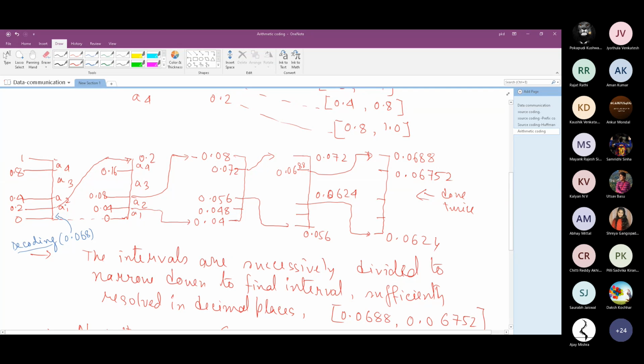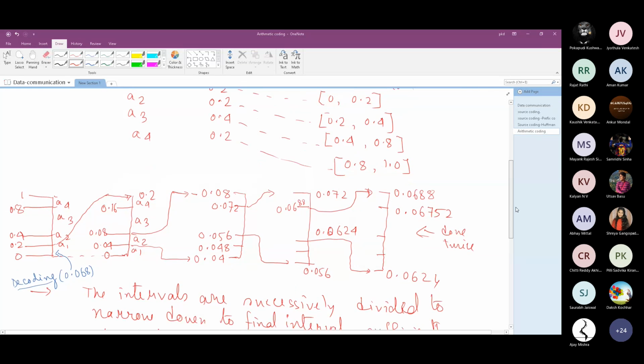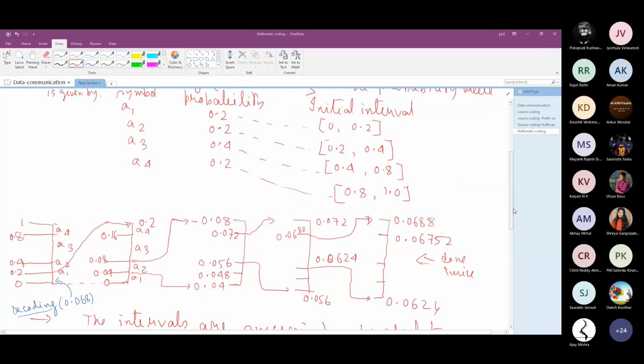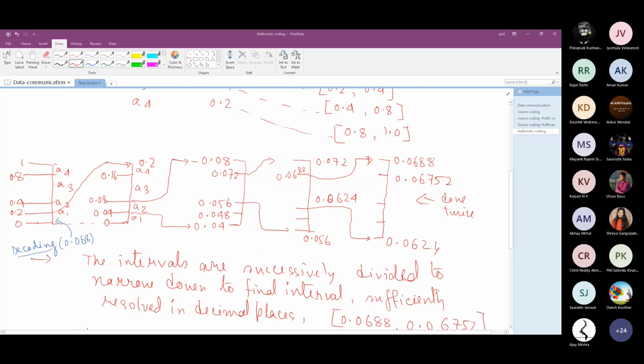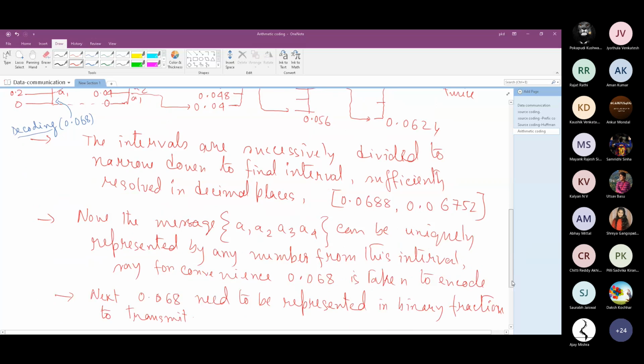Suppose it is A2, A1, then A2 is also 0.2. But suppose A3, A1, then the first interval would be 0 to 0.4, and then it is cumulatively divided.